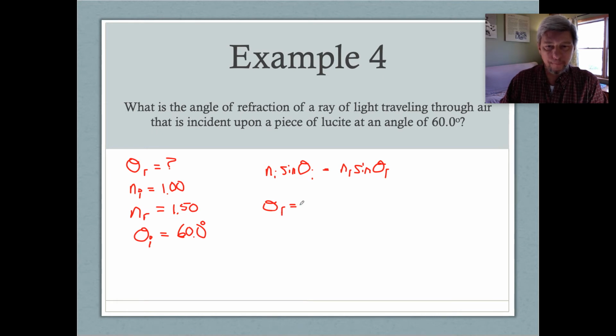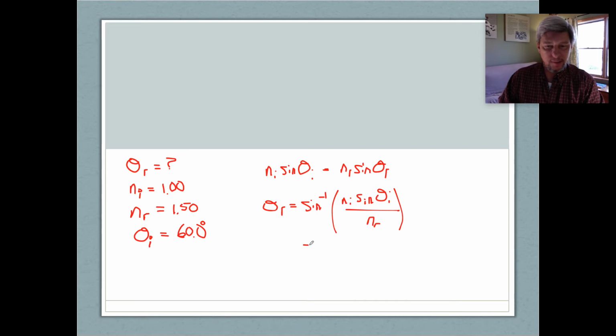All right, and so theta R is going to equal the inverse sine, that's sine to the negative 1, of n i sine theta i divided by n R. Now, n i is equal to 1, so that's easy peasy.